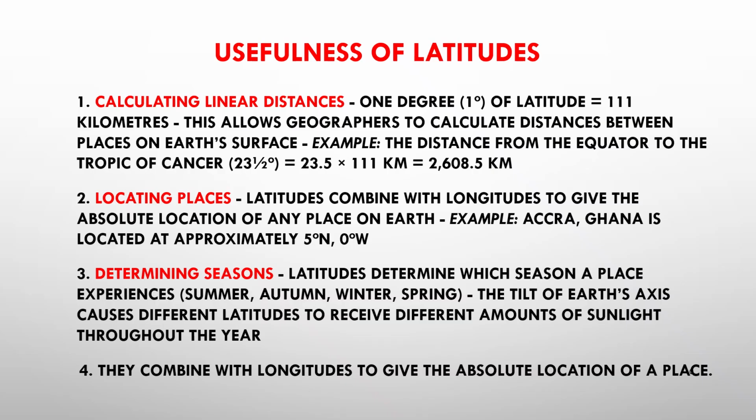For example, Accra, which is the capital of Ghana, is located on approximately 5 degrees north and 0 degree west. The 5 degrees north tells us the latitude, that is 5 degrees north of the equator, and the 0 degree west tells us the longitude on the prime meridian, which we will discuss in our next lesson.